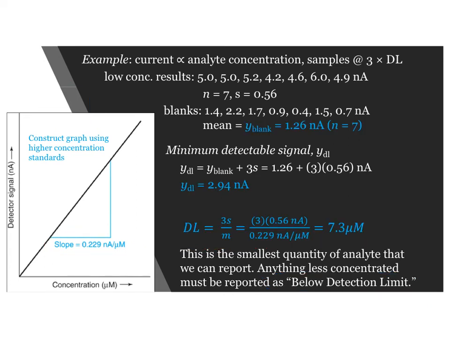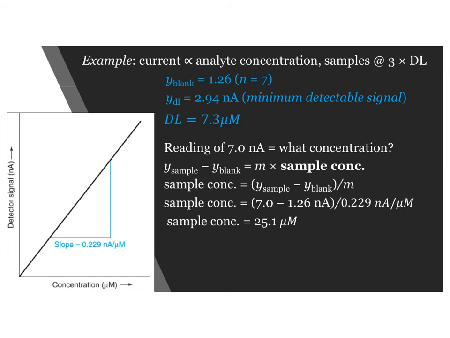Alright, let's grab the values we just calculated for Y sub blank, Y sub DL, and the detection limit to find the concentration of another sample run against the same calibration curve. Suppose our sample has an instrumental response of 7.0 nanoamps. What concentration can we report?